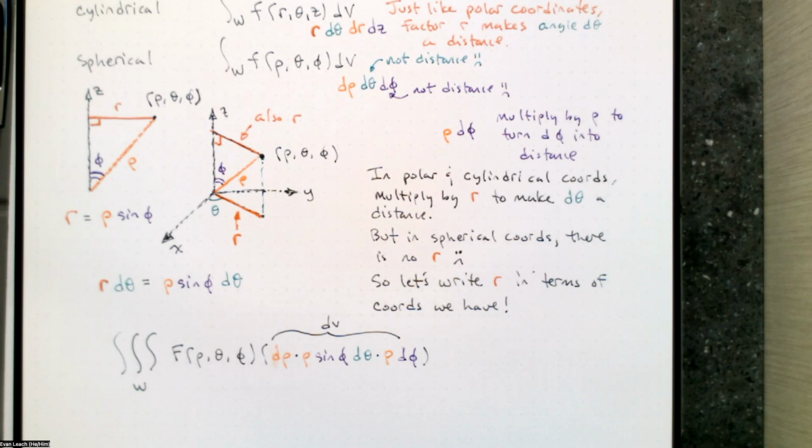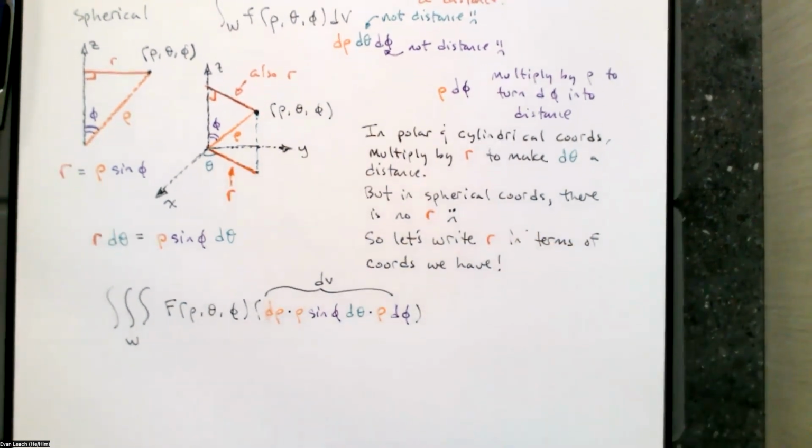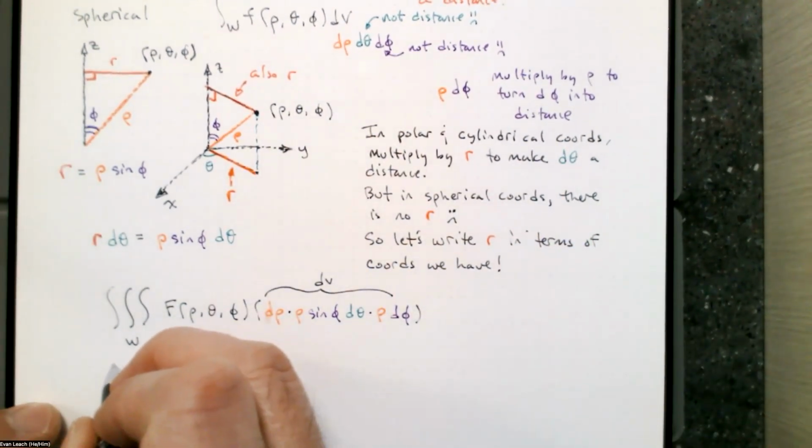Of course, we simplify this so that our d rho, d theta, and d phi are all at the end. This is all just multiplication. So I pull a rho squared times the sine of phi. And so this is how we're going to write triple integrals in spherical coordinates.